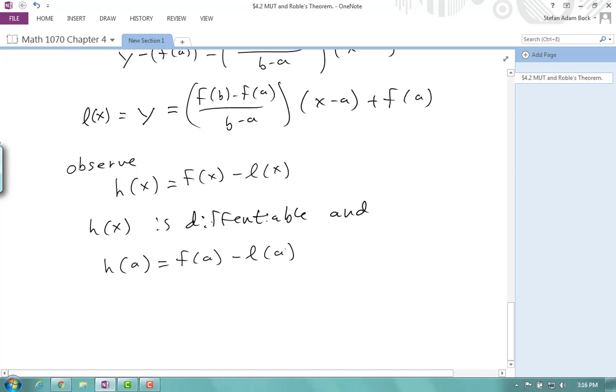But my line, as I've written it above, is this nasty looking piece of work: f(B) minus f(A) all over B minus A, more parentheses.